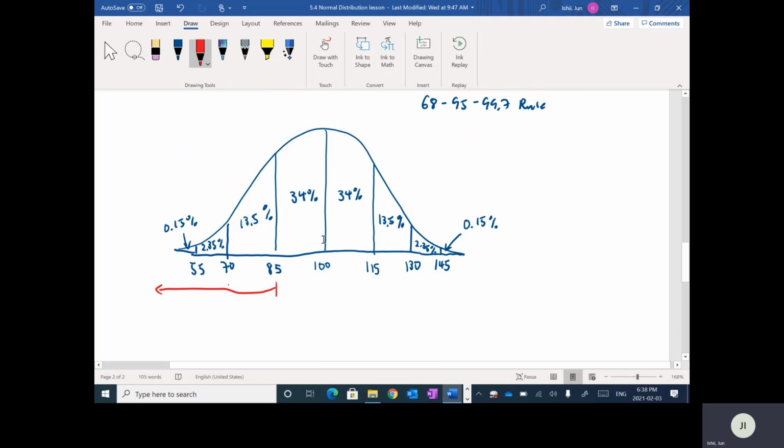We can do stuff like that using what they call Z tables. But that's the next section. So this is an introduction to the normal distribution, being familiar with this rule and calculating the percentages within standard deviation markers, if that makes sense. All right, cool. So that's the normal distribution.